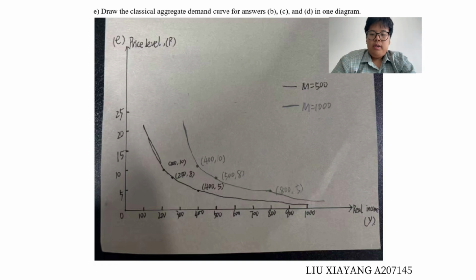When the money supply equal to 500, the price level is equal to 5, then the real income is equal to 400. When the money supply equal to 1000 and the price level is equal to 5, the real income is equal to 800.